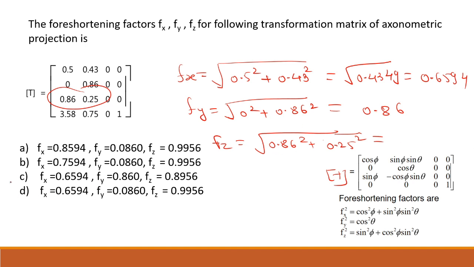You can also calculate fz, and these two answers will give the correct result. You can see fx is 0.65, so it is C or D. Again our fy is 0.86, so option C will be correct. Use your calculator and find fz, which will be 0.8956.